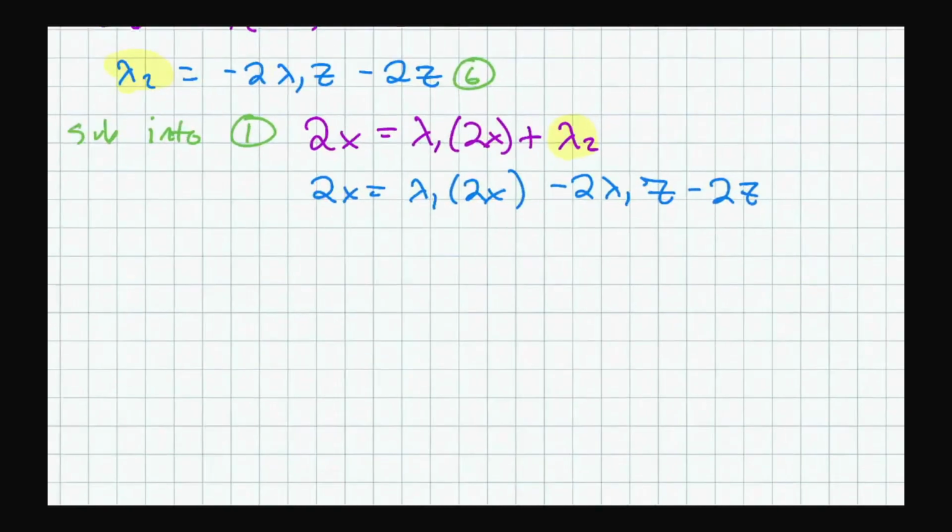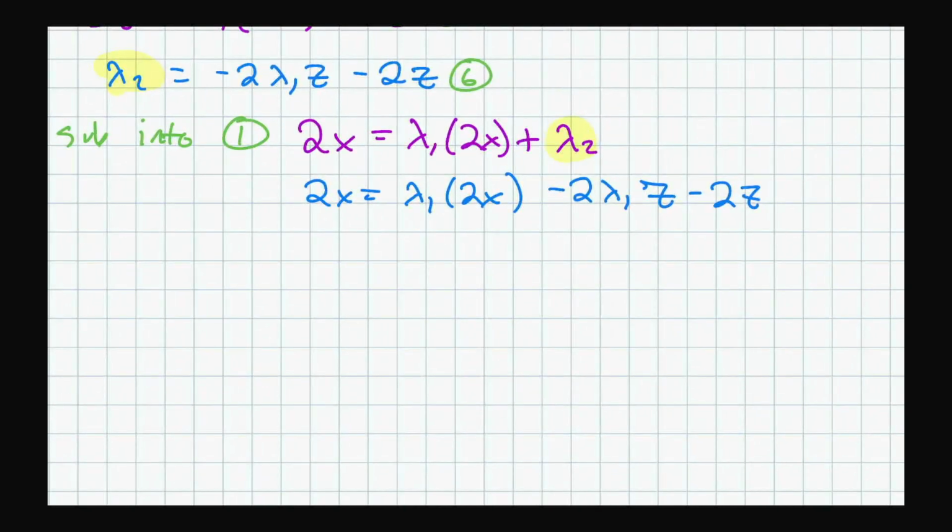Everything has a 2. Divide everything by 2, we get x equals lambda 1x minus lambda 1z minus z, I think. So that's equation 7. And the point is that equation 7 has no lambda 2 anymore, just lambda 1.